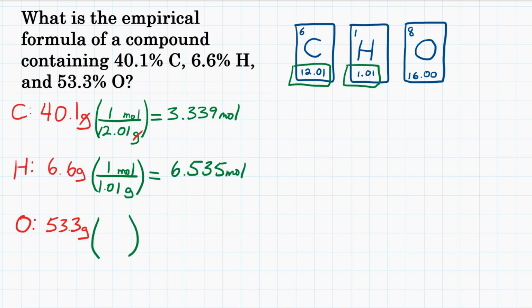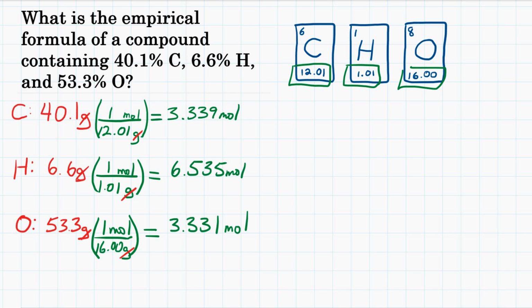Lastly, for oxygen, the molar mass of oxygen is 16.00. That's how many grams is 1 mole. And our math here gives us 3.331 moles. Cancel out our units, like always.